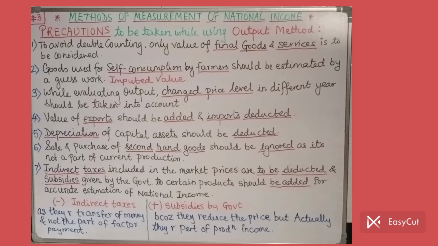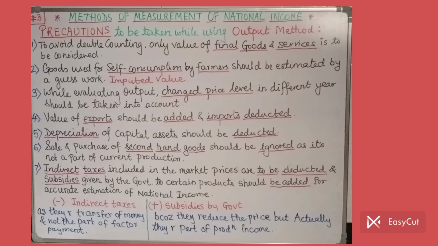Now let us learn the precautions to be taken while using the output method. What all things are to be considered? Number 1, to avoid double counting, only the value of final goods and services is to be taken. Second, goods used for self-consumption by farmers should be estimated by guesswork. So here we take the imputed value, that means whatever guesswork we have done, the imputed value of these farm products, and it is included in the national income to arrive at the correct estimation.